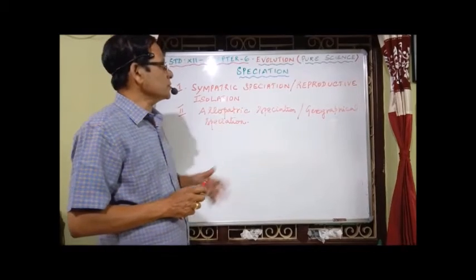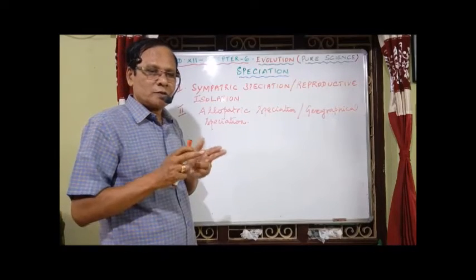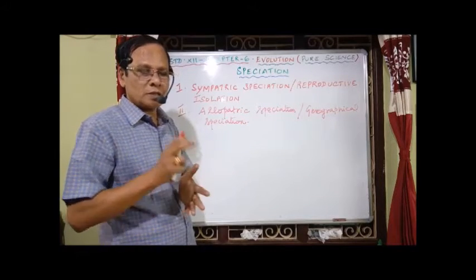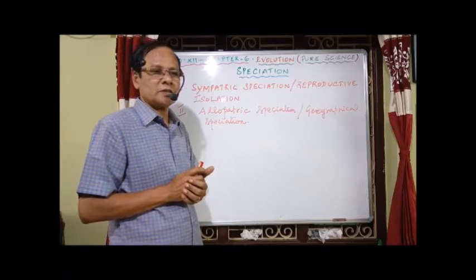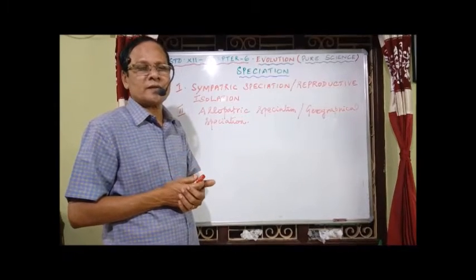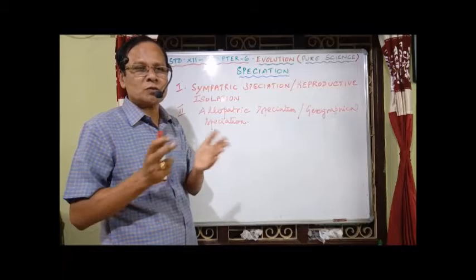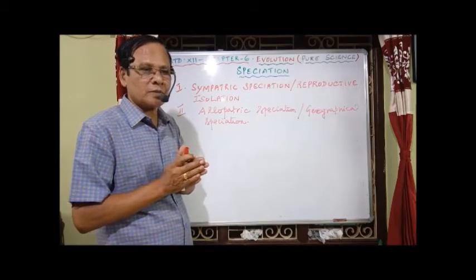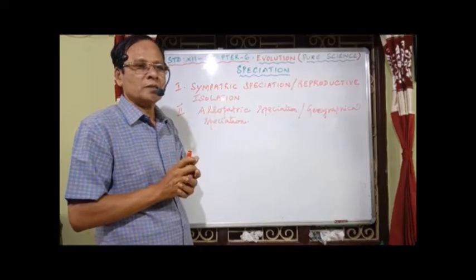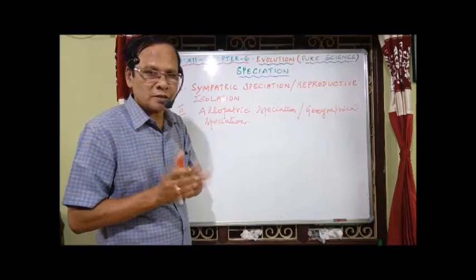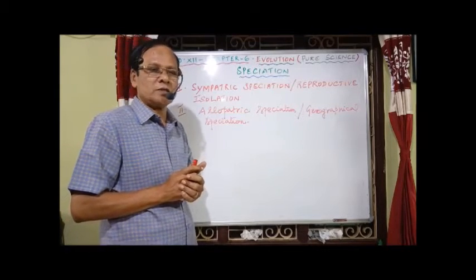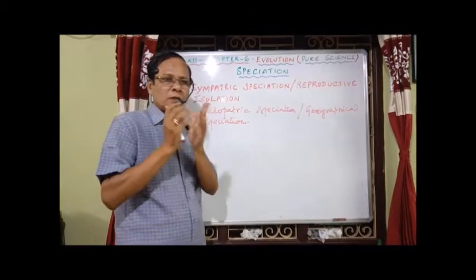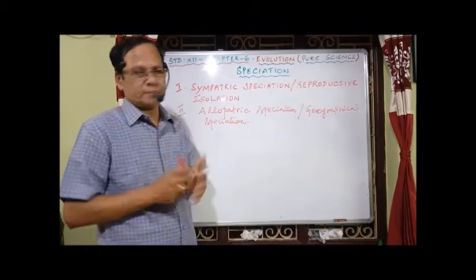Here in sympatric speciation, two species are present in the same habitat. Say an example of Rana hexadactyla and Rana pipiens. These are two different species of frog. They are present in the same habitat, but they do not interbreed. They maintain their respective species identities.